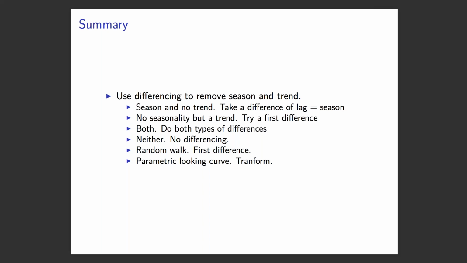If you have no seasonality but you have a trend, generally a first difference is used. If you have both of them, then you're going to do first a seasonal difference, and then you take the first difference of those. Neither, no differencing. If you had a random walk, you would use a first difference.